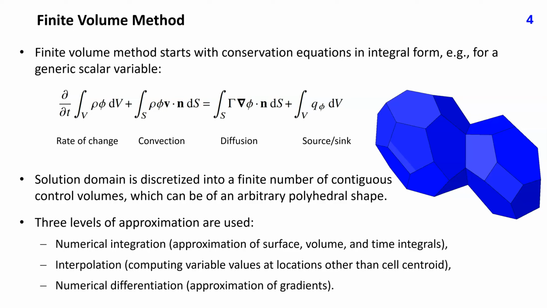Three levels of approximation are used: numerical integration, that is, approximation of surface, volume, and time integrals; interpolation, that is, computing variable values at locations other than cell centroid; and numerical differentiation, that is, approximation of gradients. Note that gradients of variables are needed both at cell centers and at face centers.